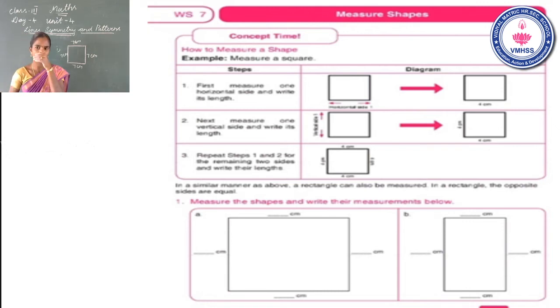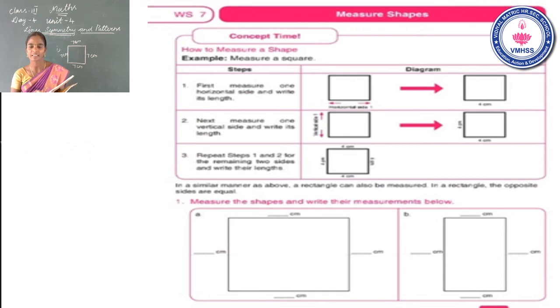All of you take your pencil and ruler. Measure the shapes and write their measurements below. In question A, a square shape is given. In question B, a rectangle shape is given.